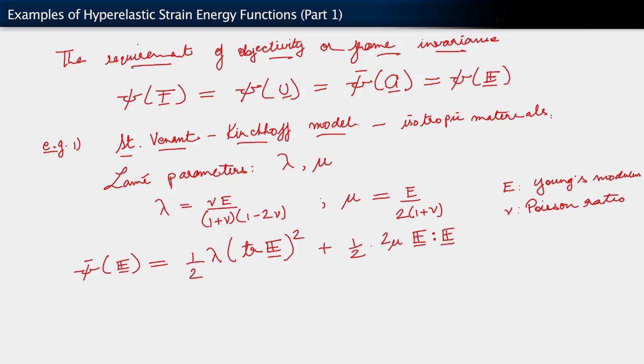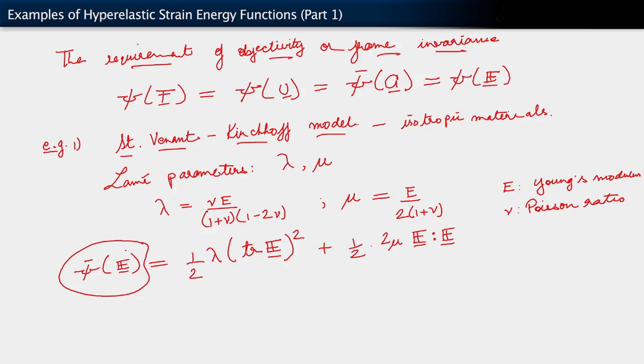I also will make the comment that if you look at this strain energy function as we've written here and compare it with the strain energy function for isotropic linear elasticity, elasticity at small strains, you will find that the form is very similar.